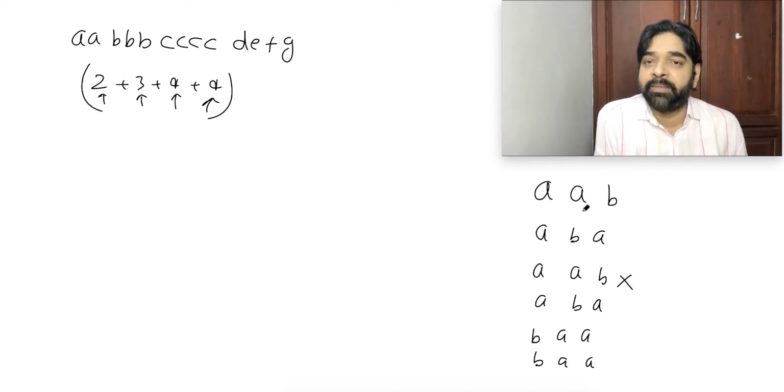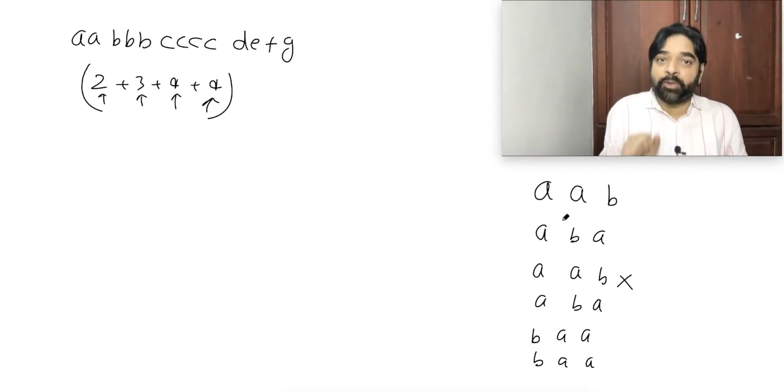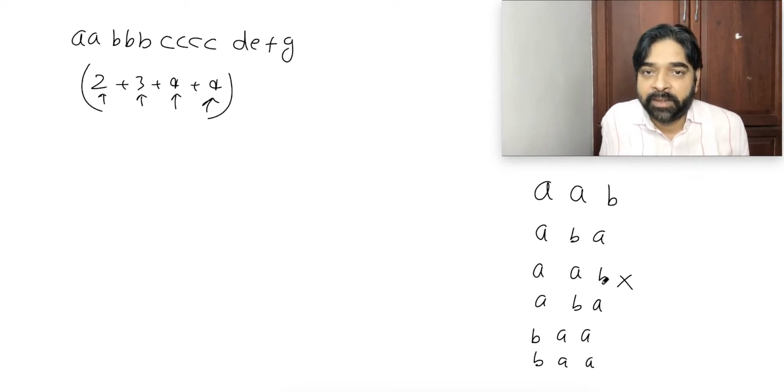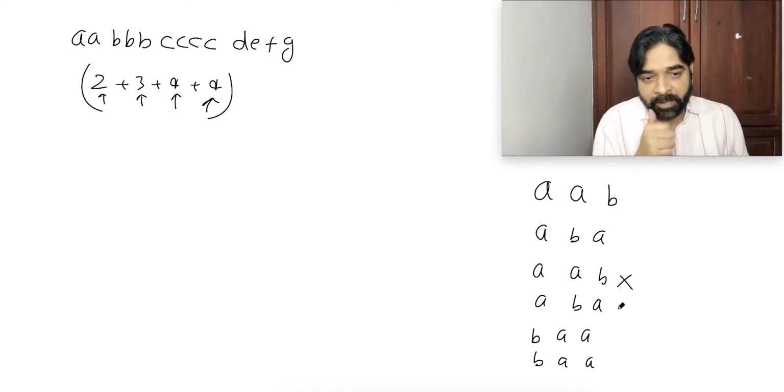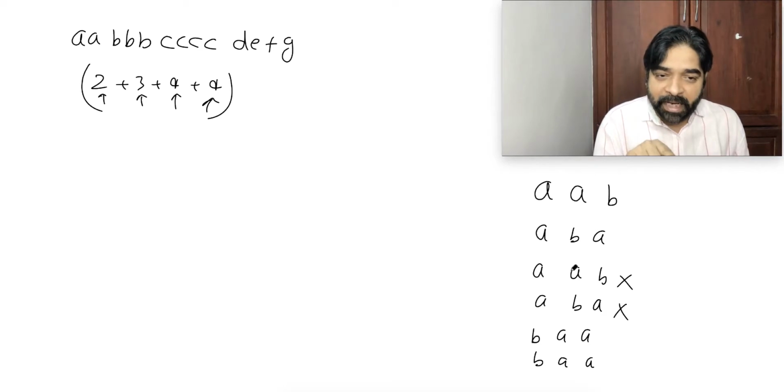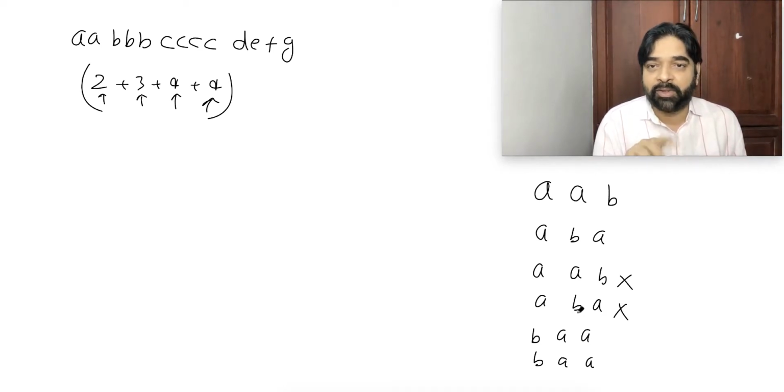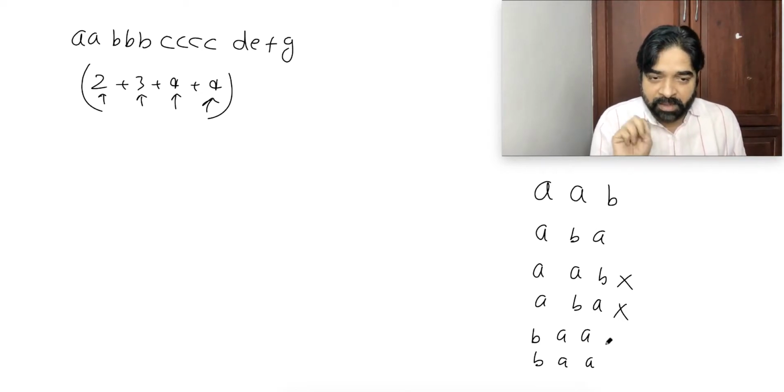Because you are getting the same thing. Because you got this by interchanging A1, A2. Now A1, A2 become identical, so that interchanging will become a false arrangement. Yes or no? Then again, this I will not consider, because I got this by interchanging A1 and A2. That's why I got this. So that also becomes false. BAA, yes, this I will take. But this BAA I will not take.